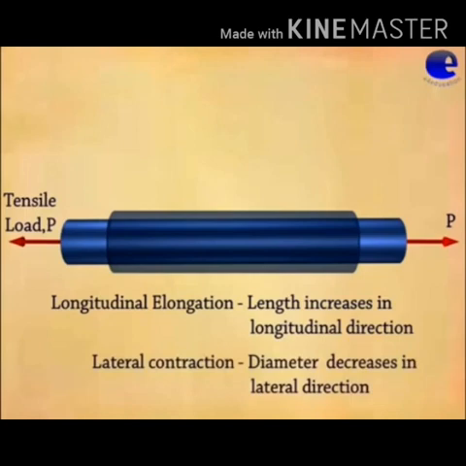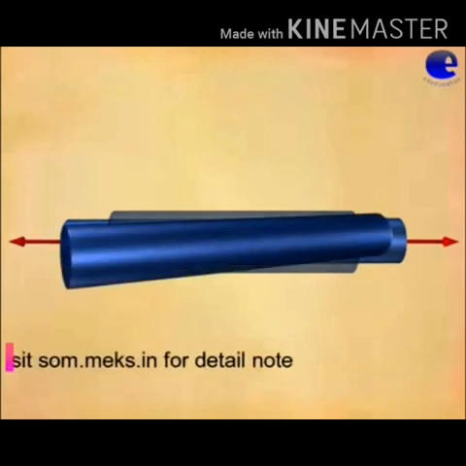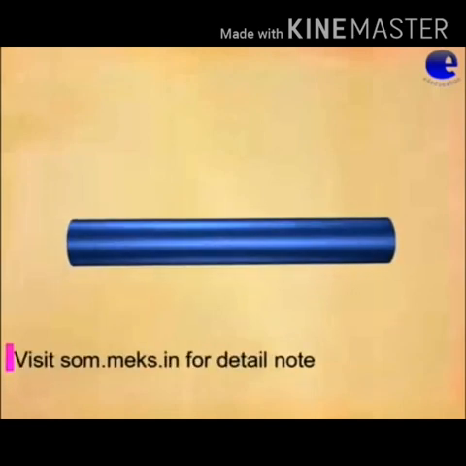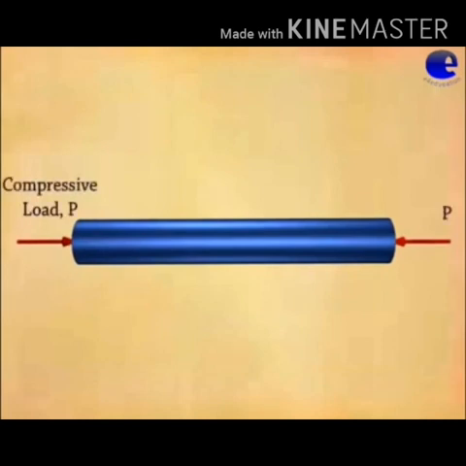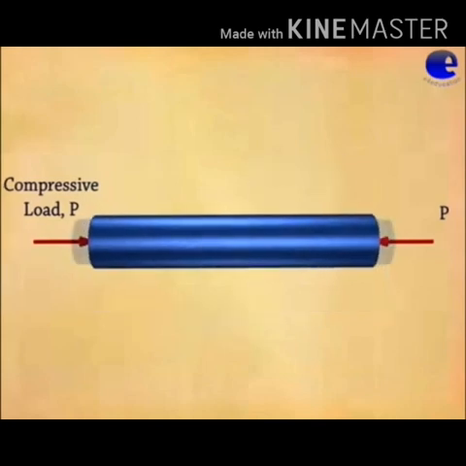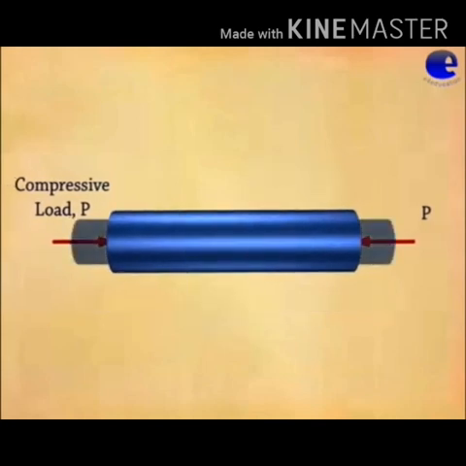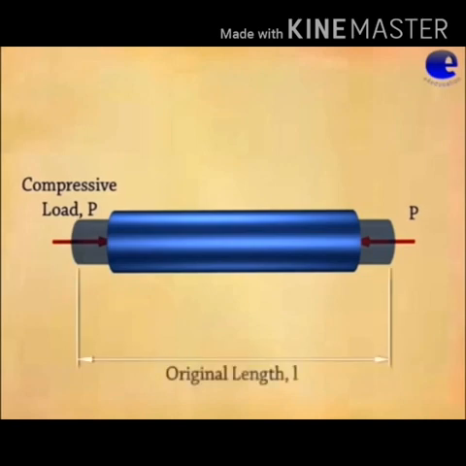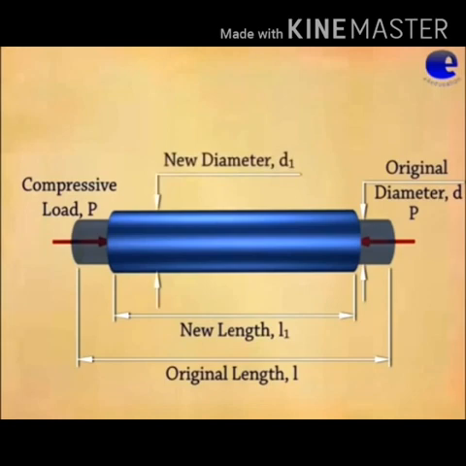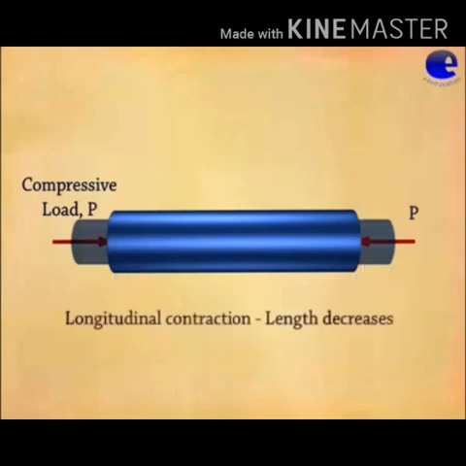That is, deformation of the material in one direction produces deformation in another direction. The French physicist S.D. Poisson proposed a ratio known as Poisson's ratio, which is defined as the ratio of the relative contraction, lateral strain, to the relative expansion, longitudinal strain. It is denoted by the symbol mu.